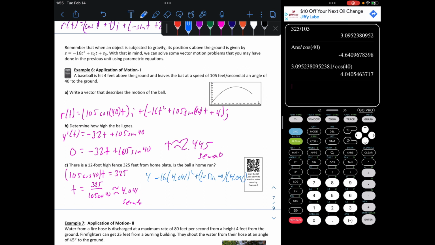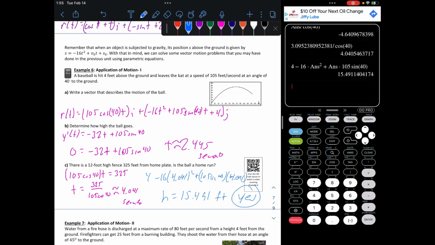If we type all that into our calculator, this would be 4 minus 16 times answer squared plus answer times 105 sine 40. The height would be 15.491 feet. So is that bigger than 12? The answer is yes. That is a home run.